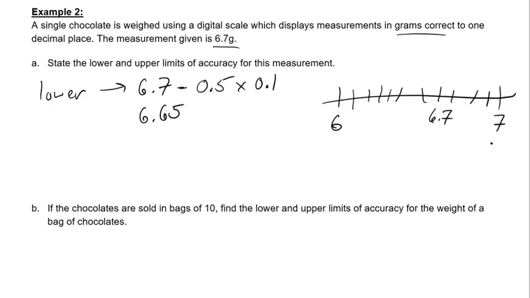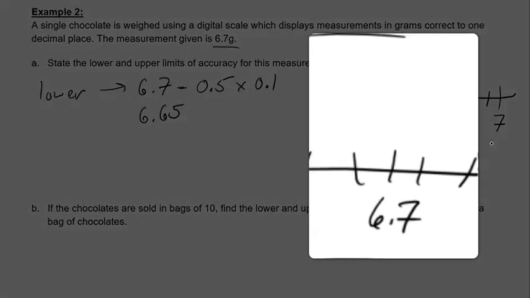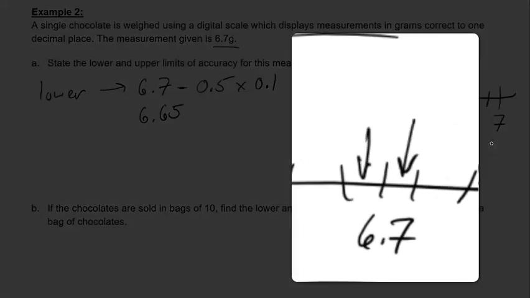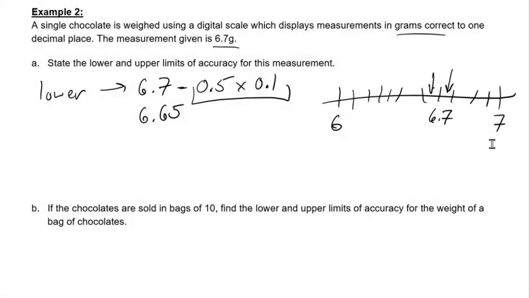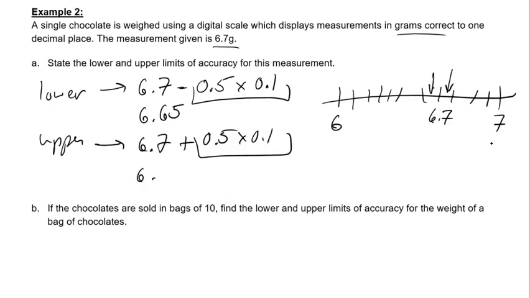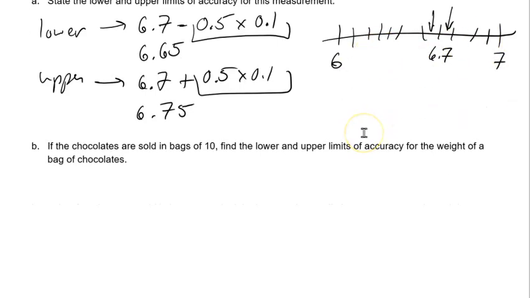If this is 6.7, then we are looking at the halfway points between these two. So half of 1/10 below gives 6.65, and the upper limit is going to be 6.7 plus half of 1/10, or 6.75.